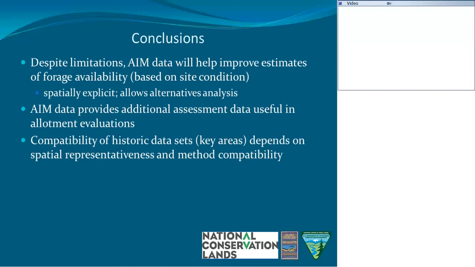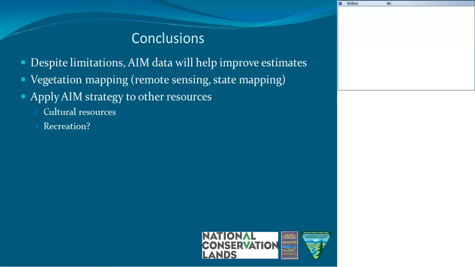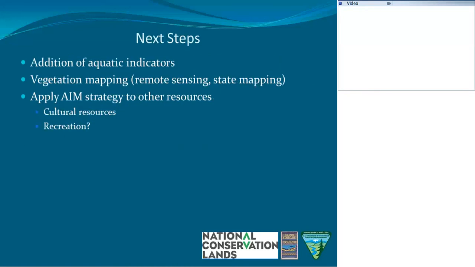And what we're finding in our preliminary results is, as you might expect, that compatibility depends on spatial representativeness of the old historic data, the key area data, and compatibility of the methods between historic methods and the current methods with AIM.